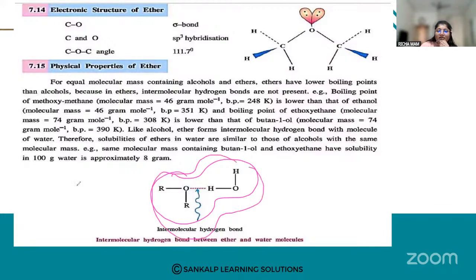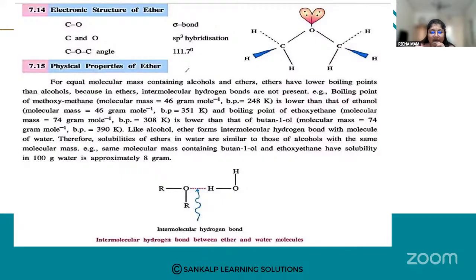So solubility of ethers in water is possible only for lower members. As you move further to the higher ones, the steric hindrance increases, and as a result the tendency to form the hydrogen bond also decreases. This is about solubility.